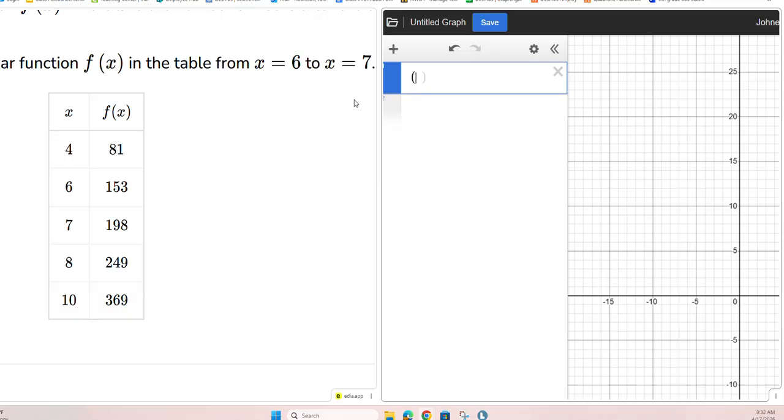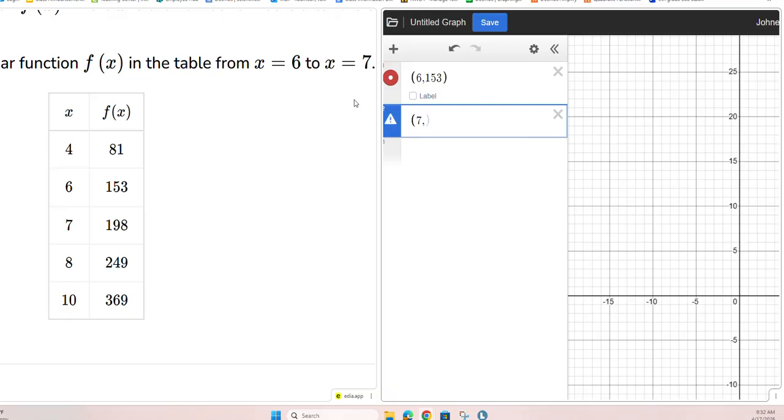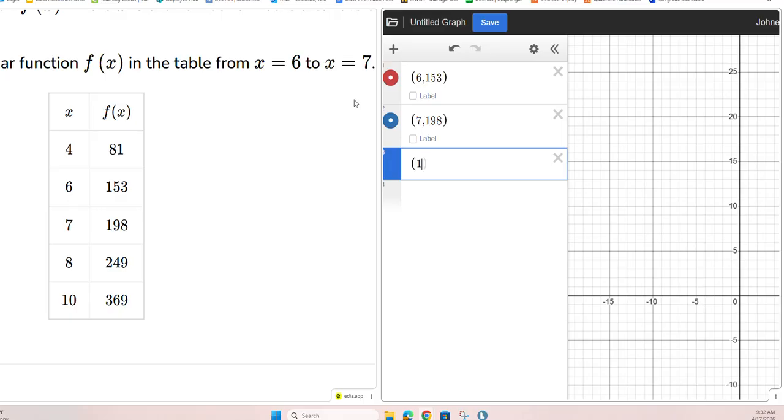All right, 6, 7. From 6 to 7. Uh-oh. Okay, you're doing too much, Robinson. 6 is 153. 7 is 198. The change is going to be 153 minus 198 over, I got to keep the same order, 6 minus 7.